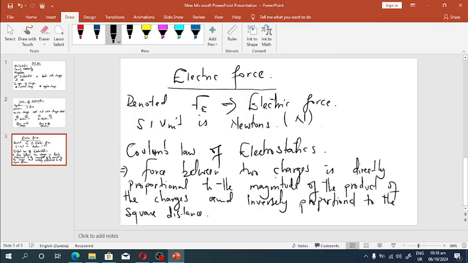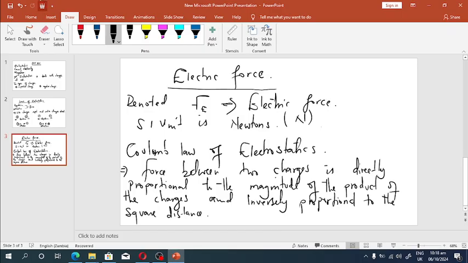And so you observe that what we have stated can be written mathematically because we have keywords like directly proportional, magnitude, product, and inverse proportionality.